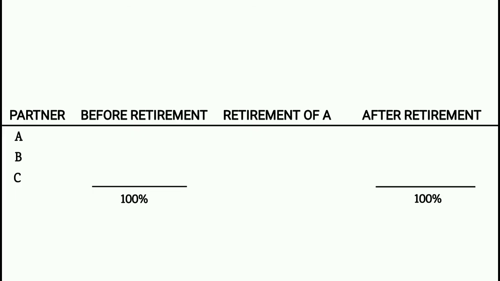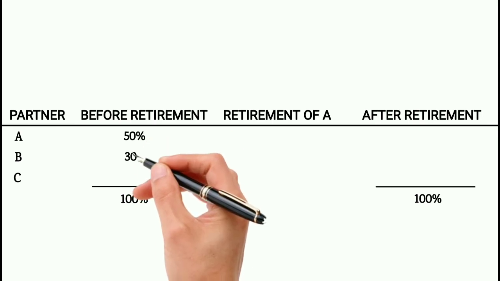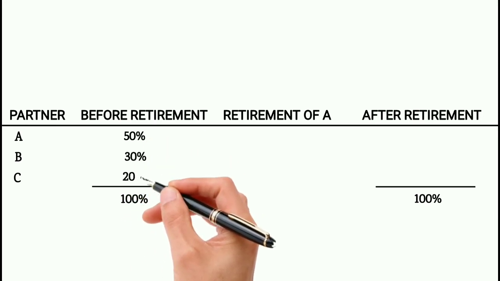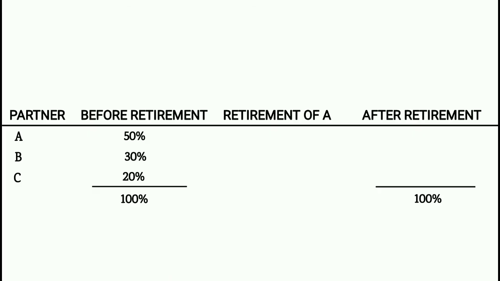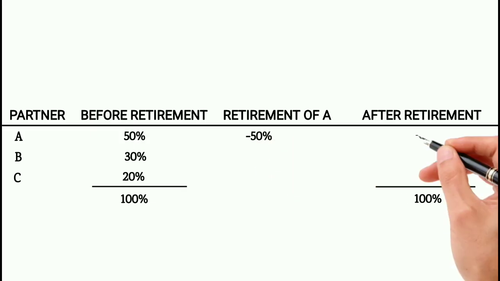I-compute naman natin yung profit or loss ratio ng partners after A's retirement. Before retirement, ang profit or loss ratio ay 50 to 30 to 20. 50% kay A, 30% kay B, at 20% kay C. Dahil nag-retire si A, of course, babawasan natin yan ng 50%.